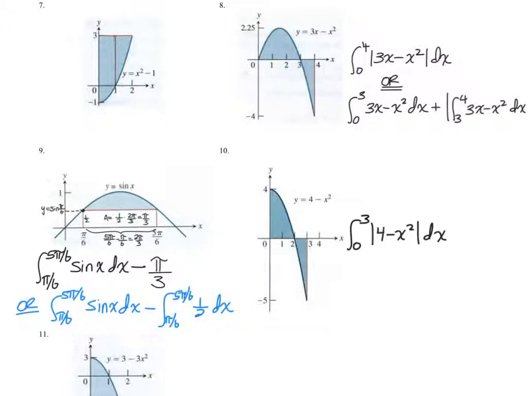So number 7, we run into a little bit of an issue here. If I were to just integrate the function y equals x squared minus 1, what that would actually give me is the area between that curve and the x-axis.